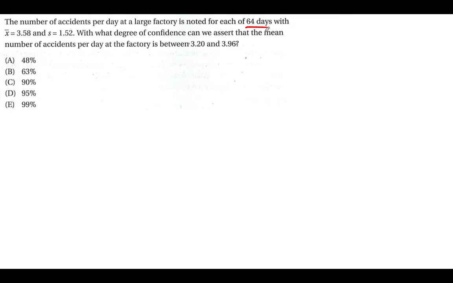64 days with an x bar, the sampling mean, and the standard deviation of the sample as 1.52. The first job here is to take note: n is equal to 64, x bar is equal to 3.58, and s is equal to 1.52.